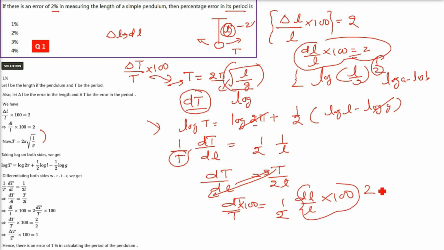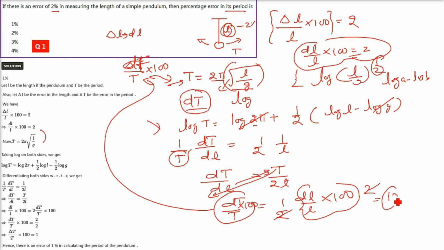You can replace it by 2, cancel it, it is going to be 1. And what is on the left side? dT by T into 100, that is what is to be computed. As I said, dL and delta L have to be used interchangeably, and that is going to be 1. So there is an error of 1% in calculating the period of the pendulum if there is an error of 2% in measuring the length of a simple pendulum.